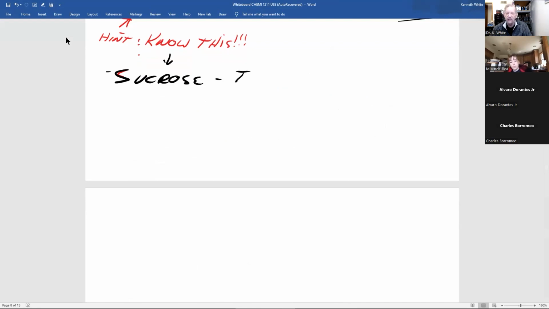Sucrose, table sugar, it's a sugar because it's a disaccharide, or is a fructose bonded to a glucose molecule. You should know sucrose is fructose and glucose bonded together. And what kind of linkage is here? An acetal linkage.